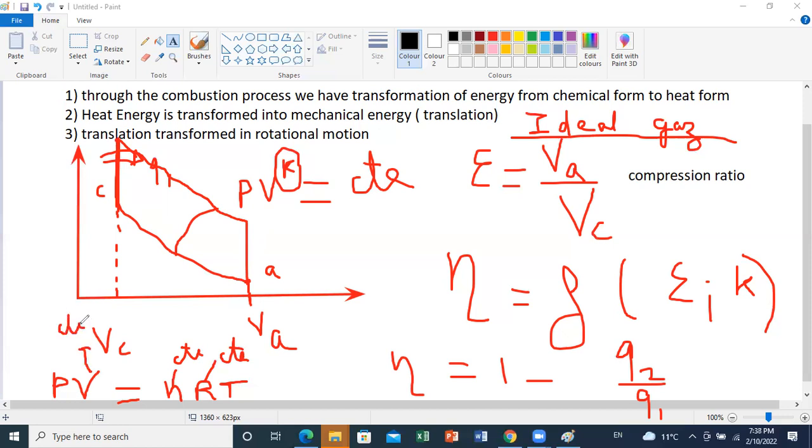So what can you deduce about a constant volume process? For a constant volume process, pressure over temperature is constant, it is not varying.